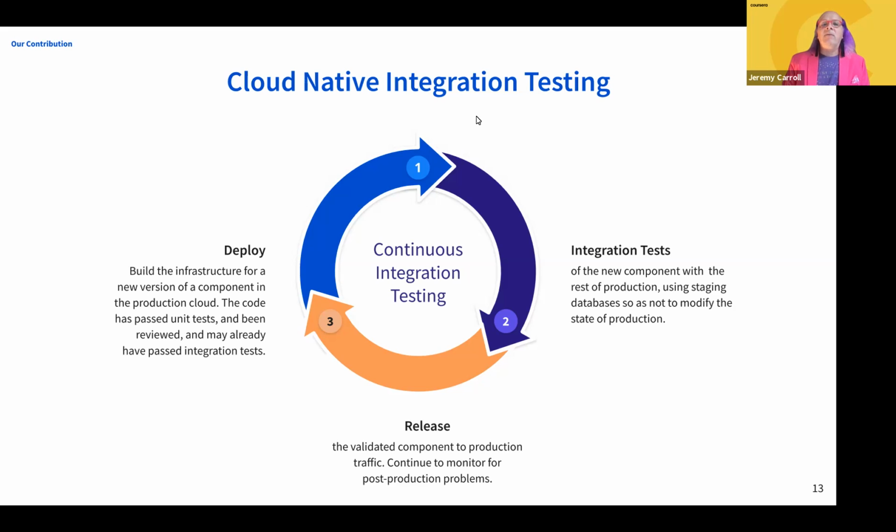And now we're testing the new component with the rest of production. So we know that once we release it, it will work with production as it really is right now. And the non-functional features of production are just as they are. We have true fidelity. Once the integration tests have passed, we can then release the component by shifting production traffic to it.